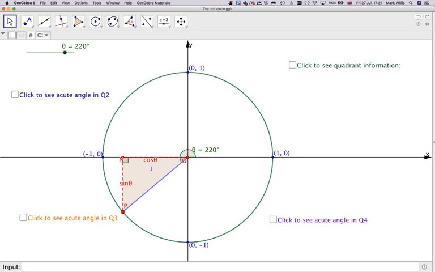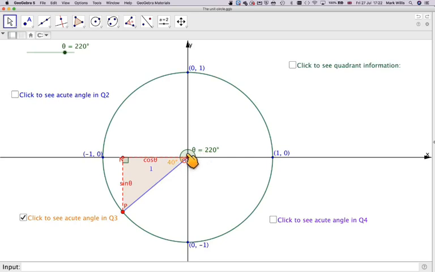If we click this little box here, we can see that it is actually 40 degrees. We can get that by doing 180 plus 40, which makes 220. So to calculate the angle in Q3, we can just do 180 plus the acute angle, which will give me the whole of the angle.